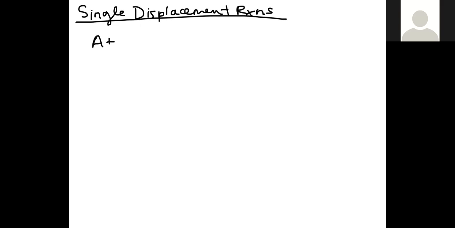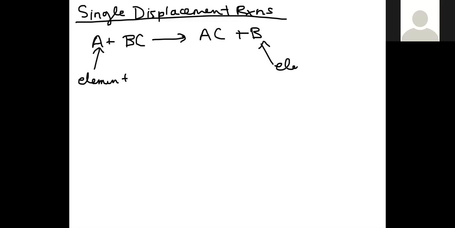So A plus BC goes to AC plus B. In a single displacement reaction, one thing starts out as an element and then it kicks another thing out of the compound. So in this case, A is an element on that side, B is an element on this side, and they switched places in that compound. Does everyone see that? I'll give you some examples.